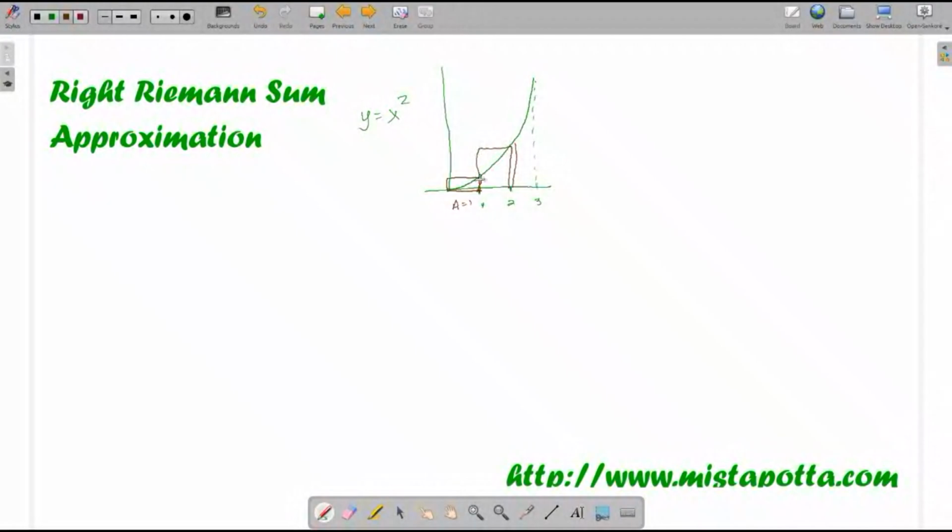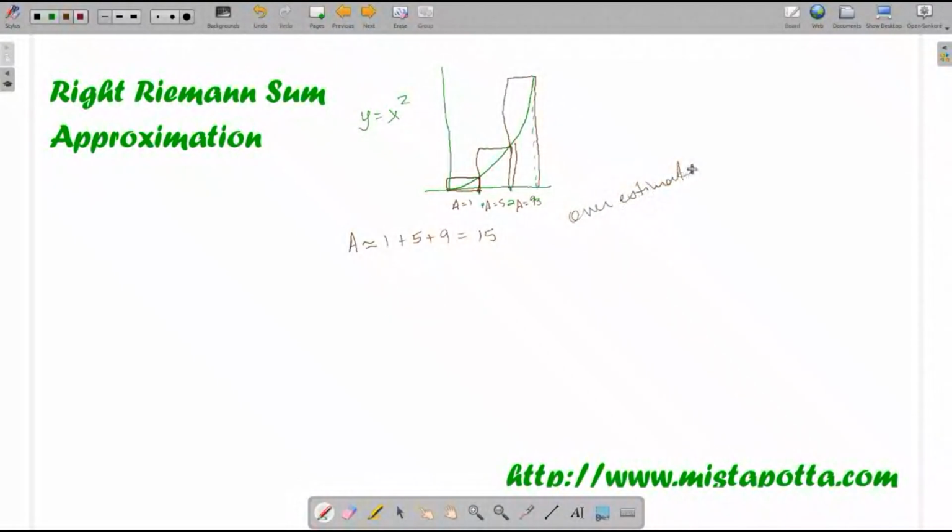Here, this rectangle has its height determined by the right endpoint from 1 to 2. So that's a height of 4 and a base of 1, so here my area is 4. And here, my right endpoint determines a height of 9, and so the area of this rectangle is 9. So my Riemann sum approximation for the right would be 1 plus 4 plus 9, which is 14.